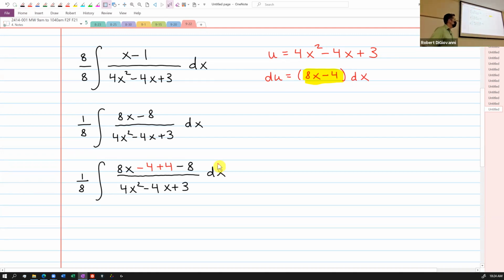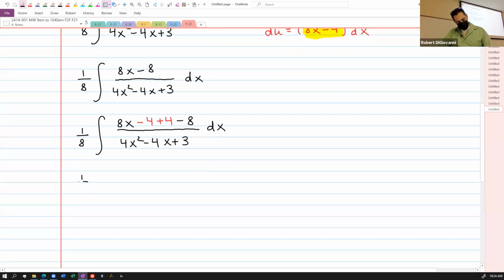Is that okay? Any questions? I'm trying to make this 8x minus 8 look like 8x minus 4. So here it is, 8x minus 4. There it is. Yay, I made it. But I have this here now, don't I? Okay, so let me clean this up. This becomes 1/8 integral 8x minus 4 minus 4 over 4x squared minus 4x plus 3 dx.